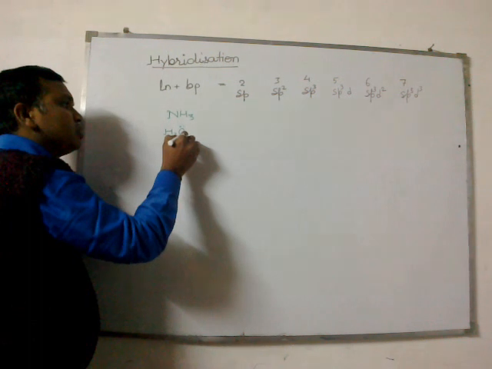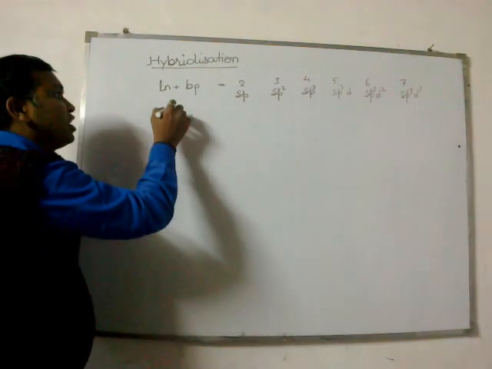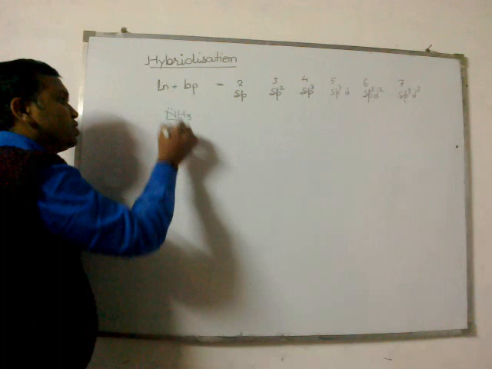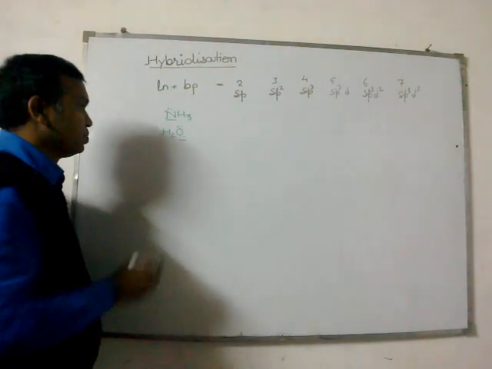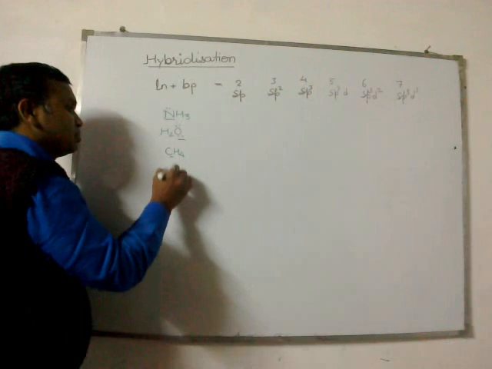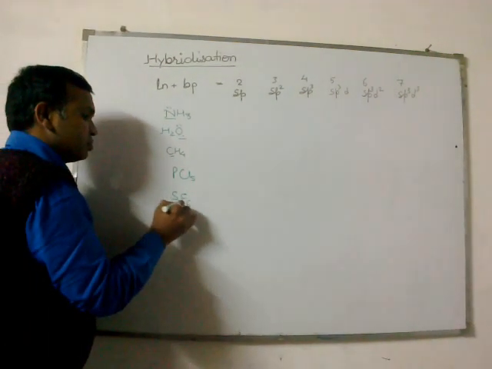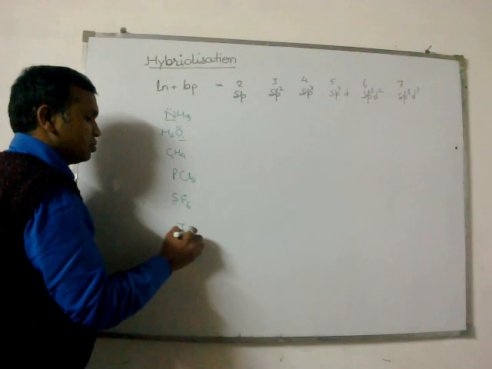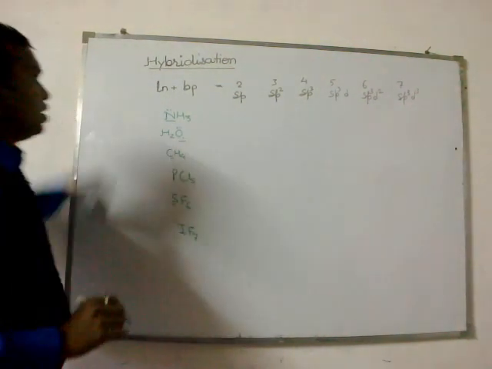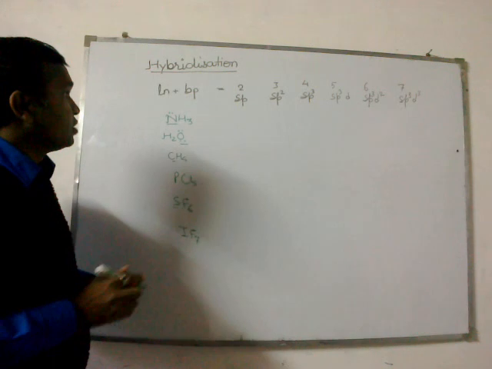These are certain compounds in which we have to specify the central atom for finding the hybridization. The first example which I have written here is ammonia.